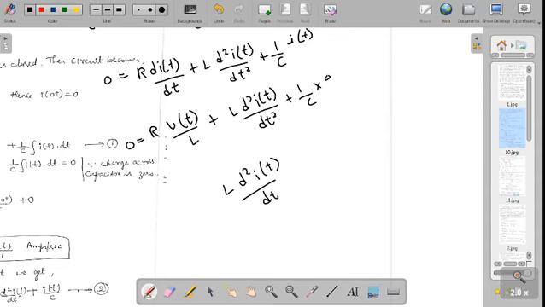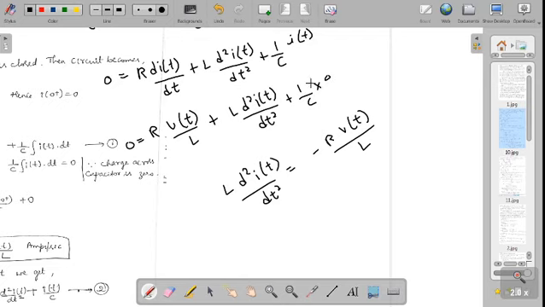Now you are interested in this value, so L into d square of I of t divided by dt square will be equal to, taking this to the other end, minus R into V of t divided by L. And 1 by C into 0 is 0, since the current I at t equals 0 plus is 0.